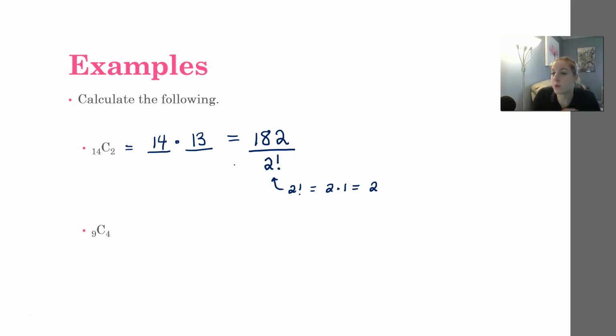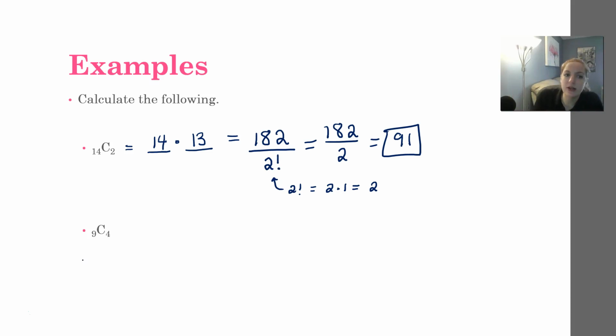Don't worry, we'll have a more exciting factorial in the next one. So go ahead and just figure out your factorial first. 2 factorial was 2, replace it on the bottom. Then go ahead and divide it. So 182 divided by 2 is 91. So here, when you have 14 choices and you only need to pick 2, you have 91 different ways you can do that. Crazy.